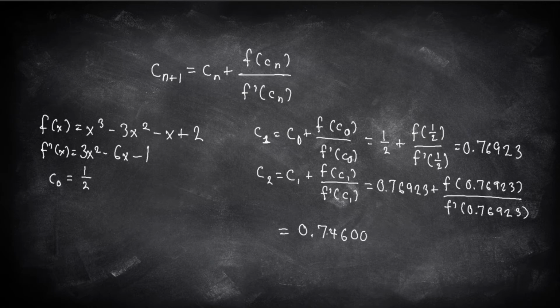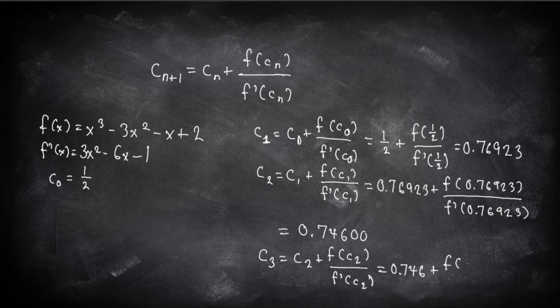Now let's plug this in one more time. So c sub 3 is c sub 2 plus f of c sub 2 divided by the derivative of f at c sub 2. We're doing all this in our calculator. That's 0.746 plus f of 0.746 divided by the derivative of f at 0.746.